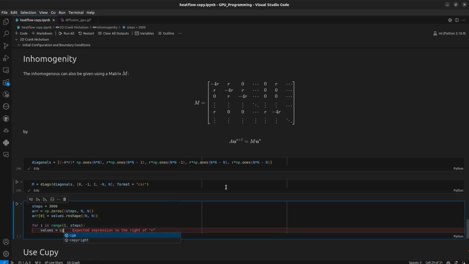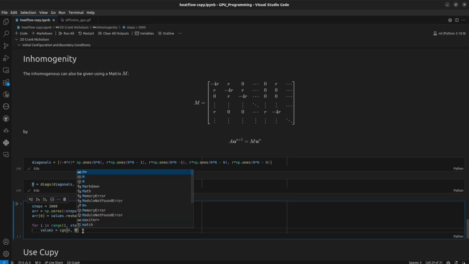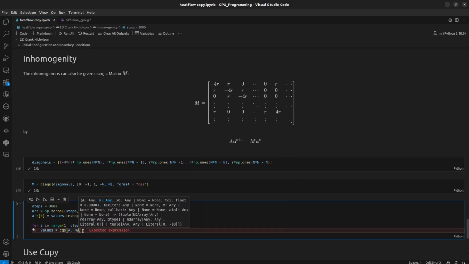We're going to use the CGS method, which takes on the left side the matrix A, and on the right-hand side the inhomogeneity, that's just M times u, but since we just want the vector, we can multiply it here directly.